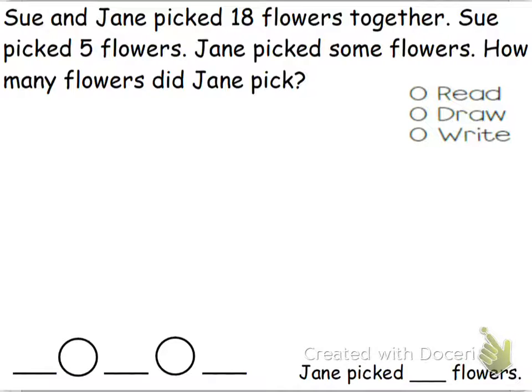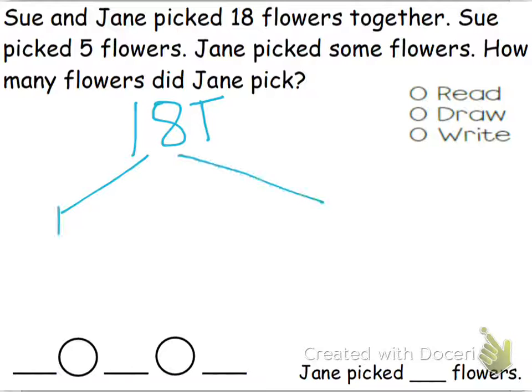So, let's start reading it again and let's chunk it this time. So, Sue and Jane picked 18 flowers together. Well, what is 18? Well, I know that 18 is my whole. So, I'm going to write 18, and we can put how many they got together.